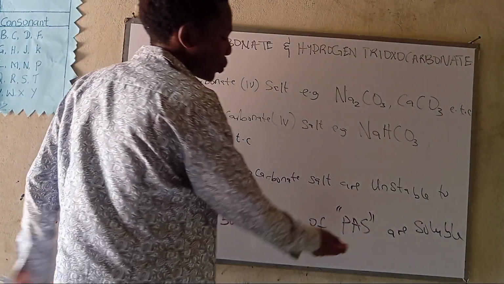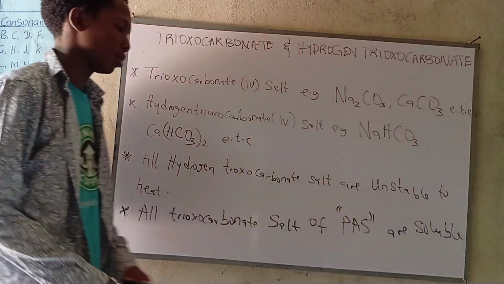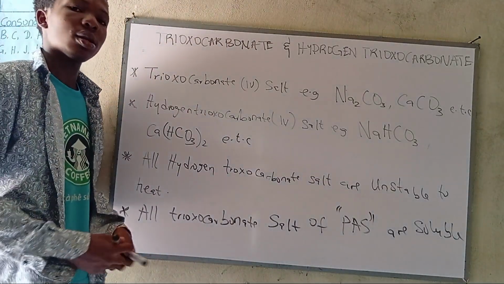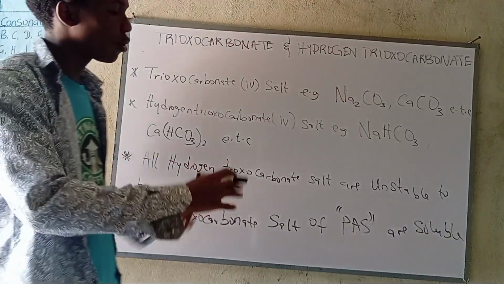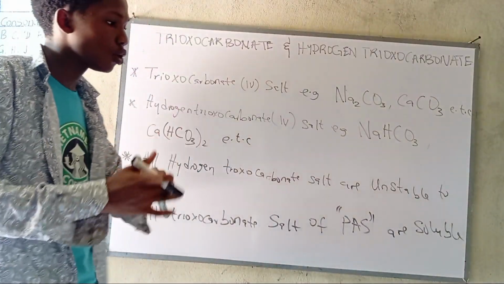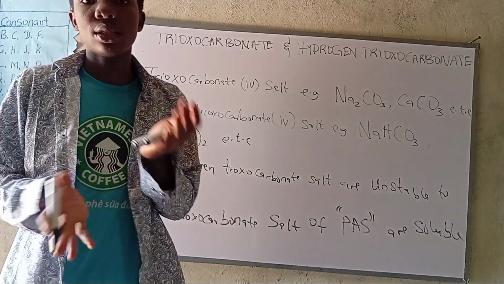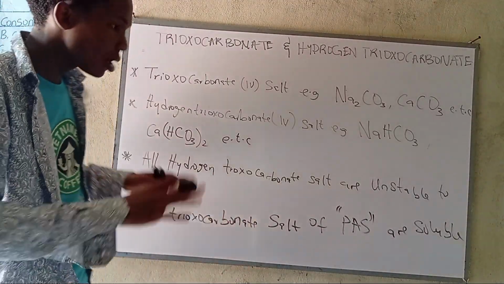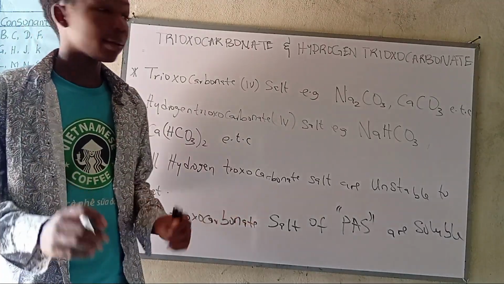What I mean is potassium, ammonium, and sodium. All trioxocarbonates of potassium, ammonium, and sodium are soluble, which means they can dissolve in solvents. But the rest are insoluble. Just note that. Am I clear?